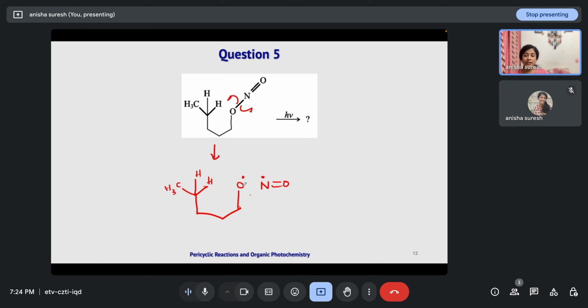Now what will happen? This O radical will abstract proton from the delta position, leading to formation of a radical here, OH, CH3.